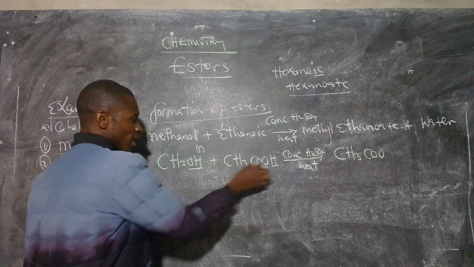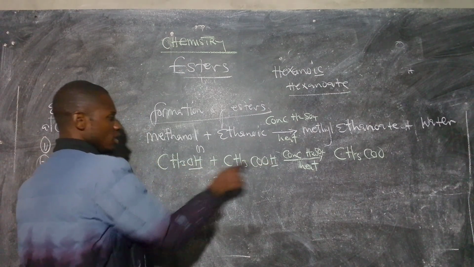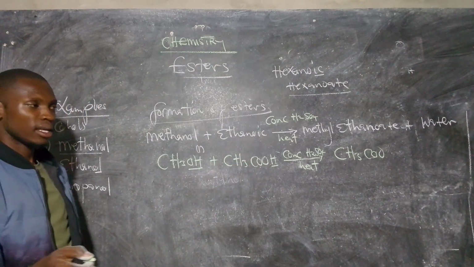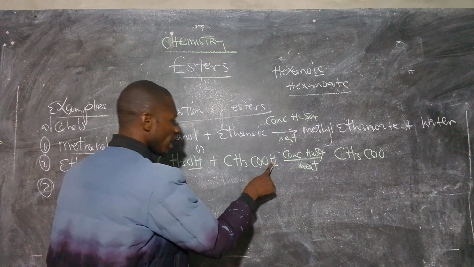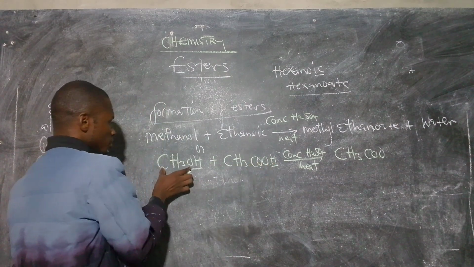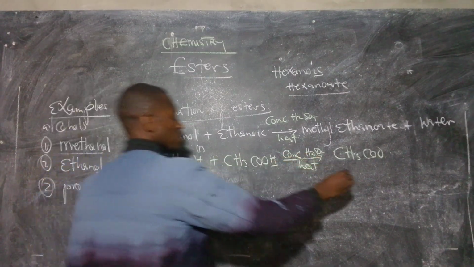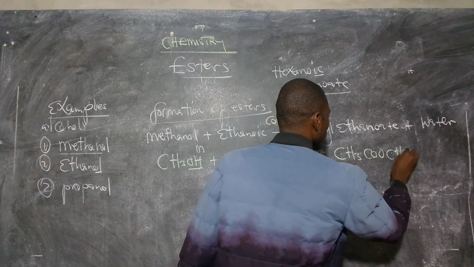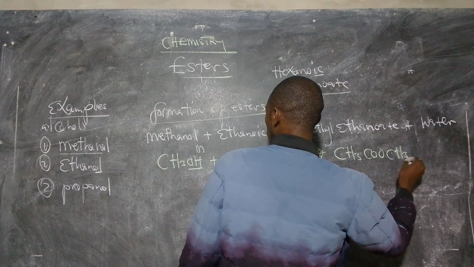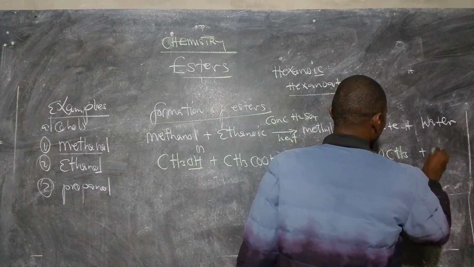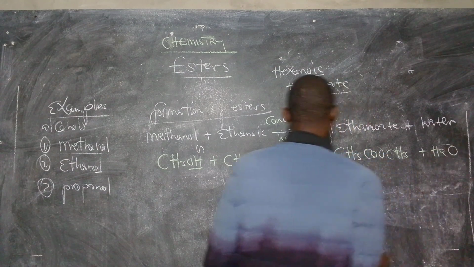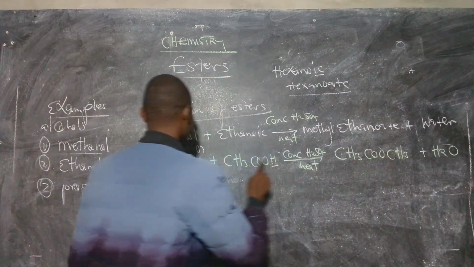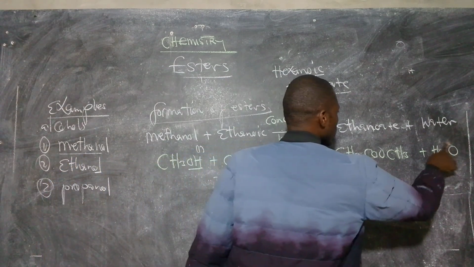So the hydroxyl and this hydrogen, these two are the ones that will form water. Therefore, if we remove hydrogen here, then this part will sit that side. So it will be CH3, then plus H2O. So this hydrogen and this hydrogen, we have 2 hydrogen and this oxygen which is here.